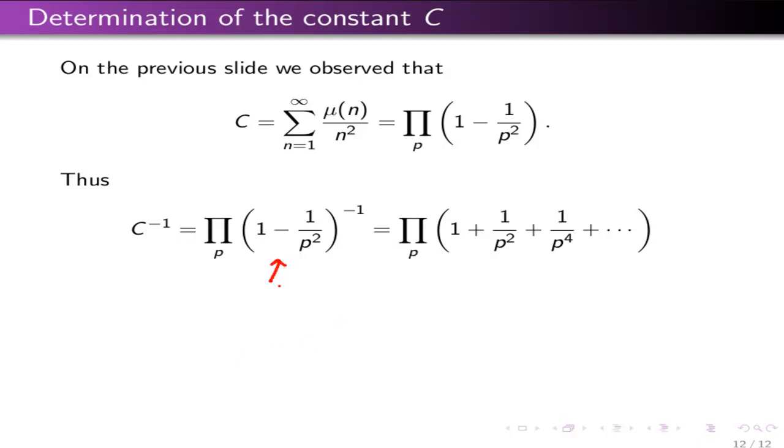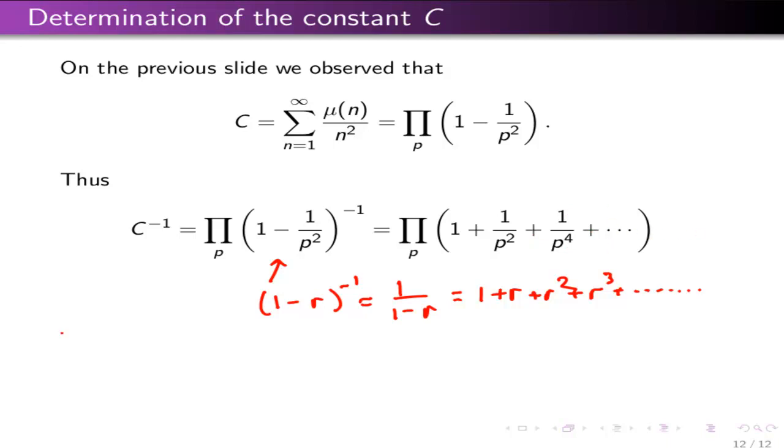Now think of this as one of these quantities, 1 minus r to the -1 power, or 1 over 1 minus r. You'll recognize that that is just the formula for the infinite geometric series, 1 plus r plus r squared plus r cubed, and so on. And so this reciprocal quantity can be rewritten as 1 plus 1 over p squared plus 1 over p to the 4th plus 1 over p to the 6th, and so on.